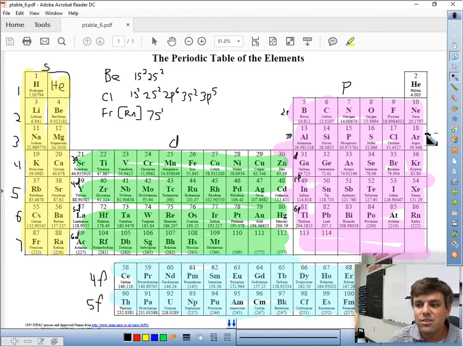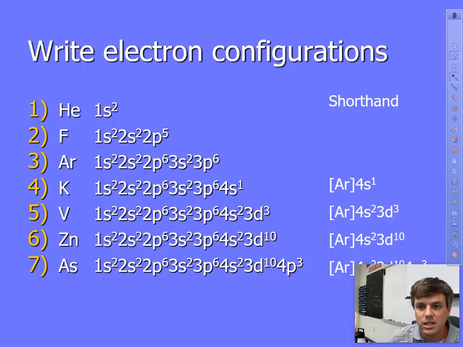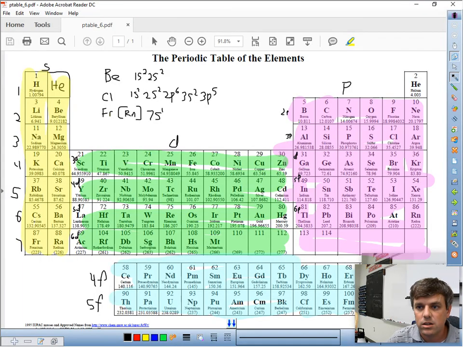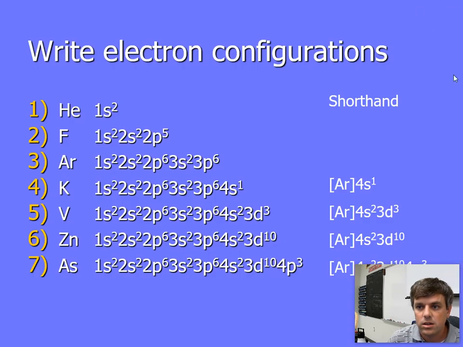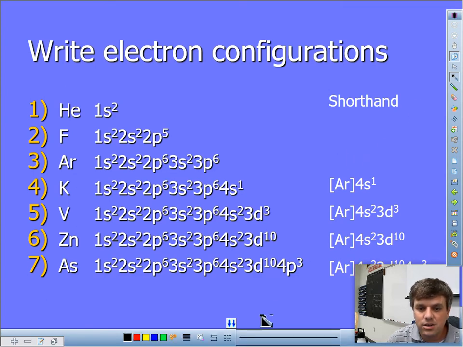Also, if I asked you to write an electron configuration for argon, you're not allowed to just write Ar in square brackets.